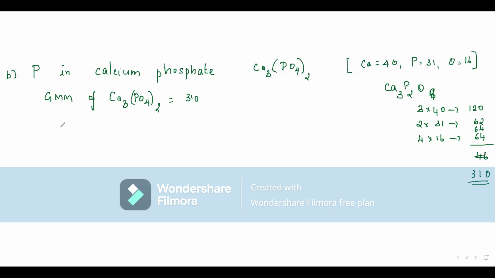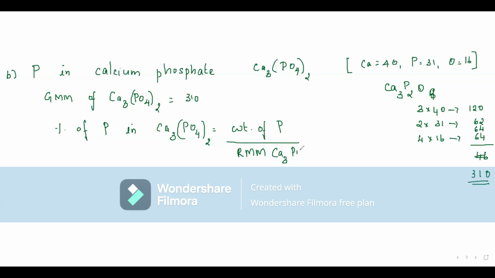Okay, now percentage of phosphorus in Ca3(PO4)2 is weight of phosphorus in that compound by RMM or GMM of calcium phosphate into 100. That means P is present 2 times, right?